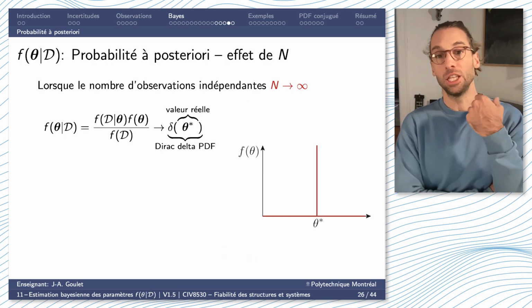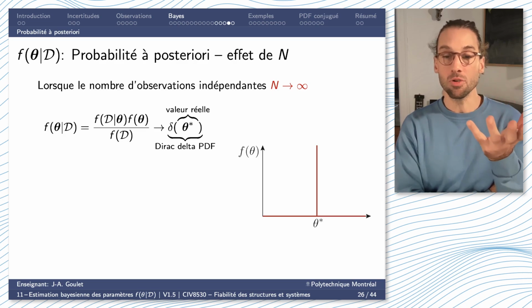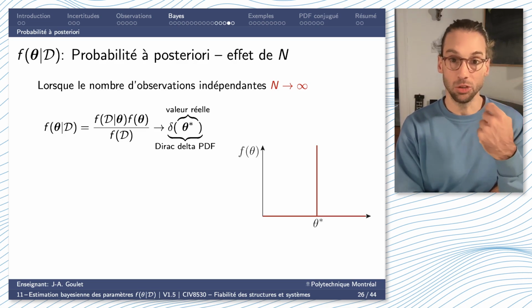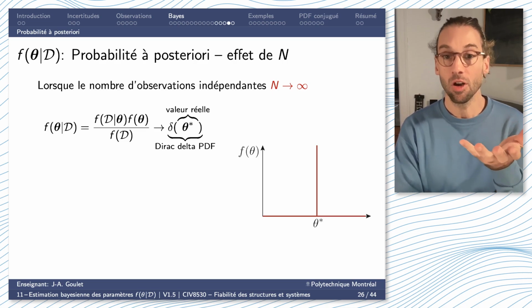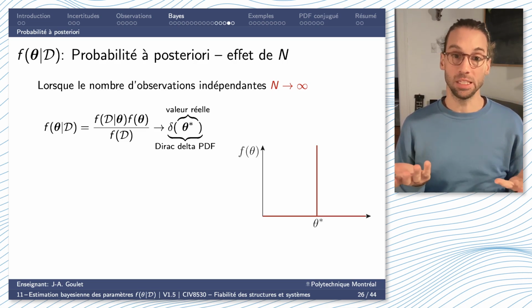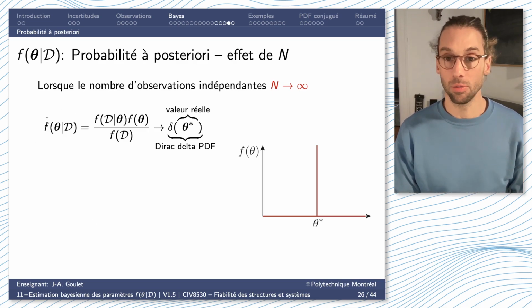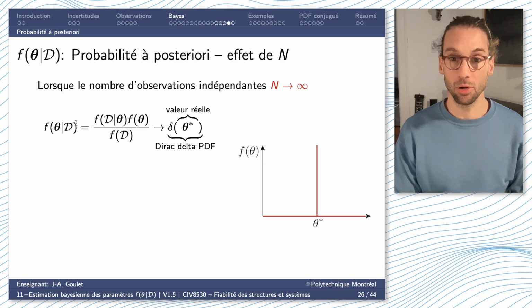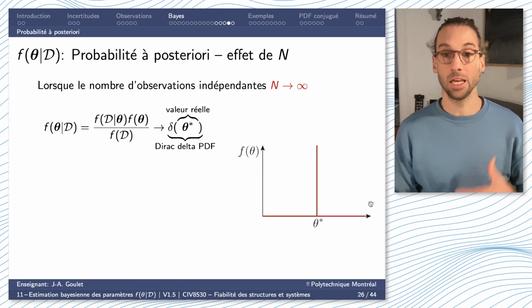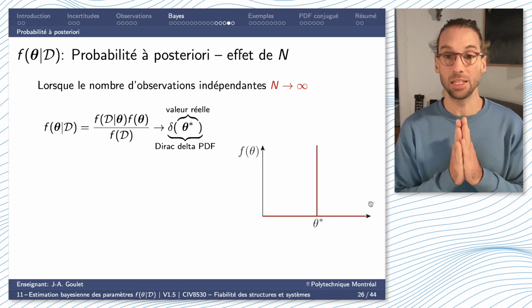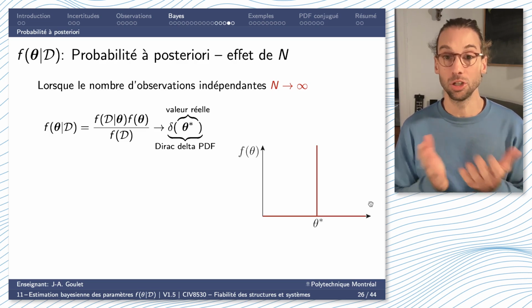If we look at the limit, when the number of observations we collect tends to infinity, if our problem is governed by epistemic uncertainty, the posterior probability density for my parameter given the knowledge is going to converge to what we call a Dirac, meaning a PDF where all the probability mass concentrates on a single value, the true value.